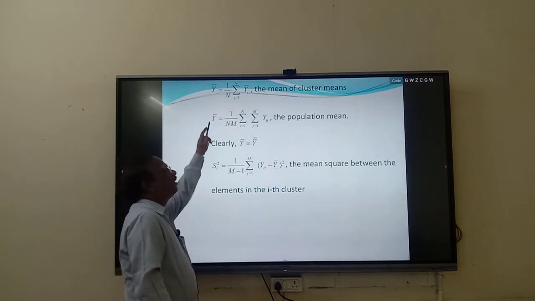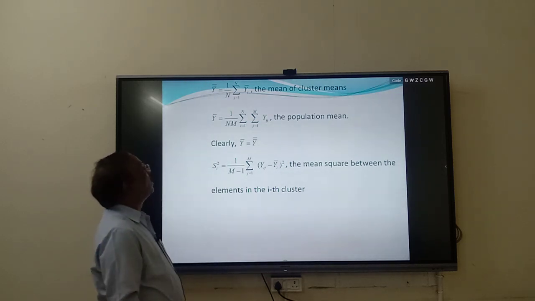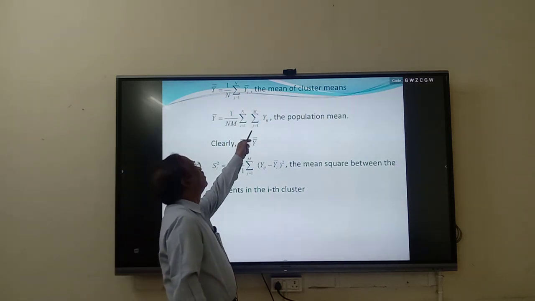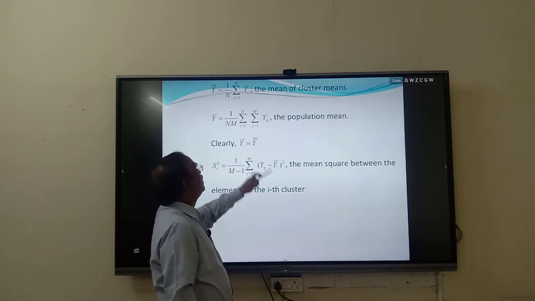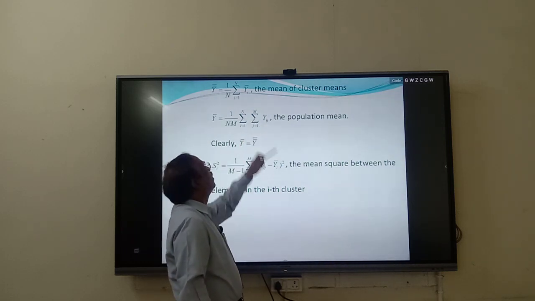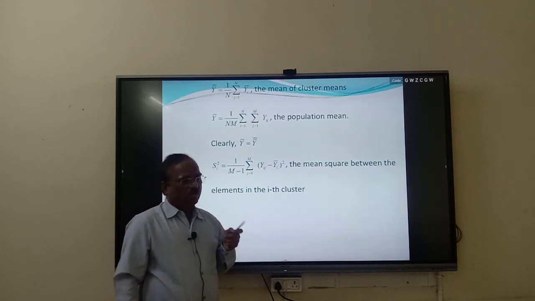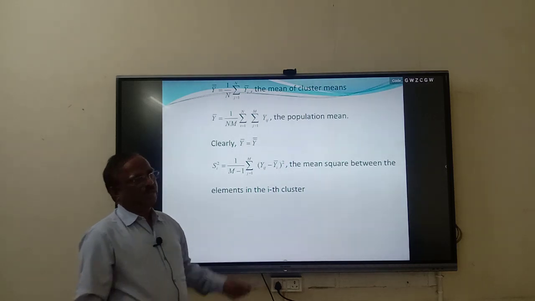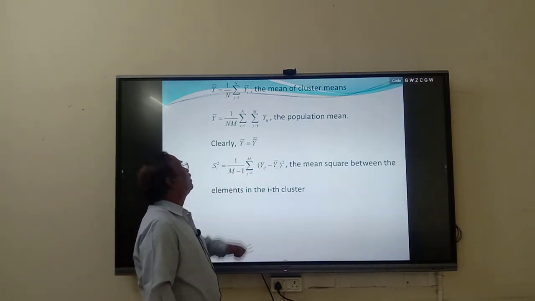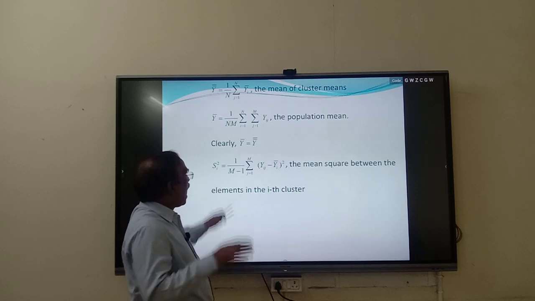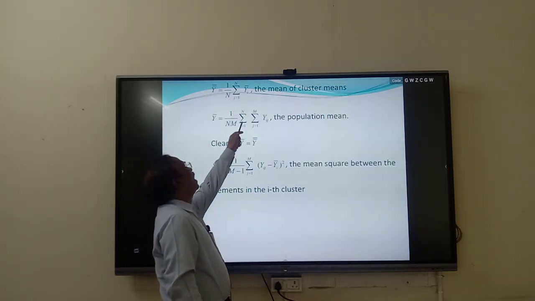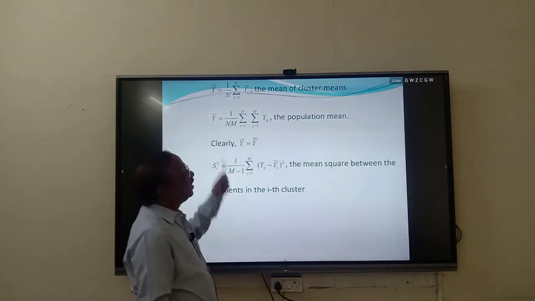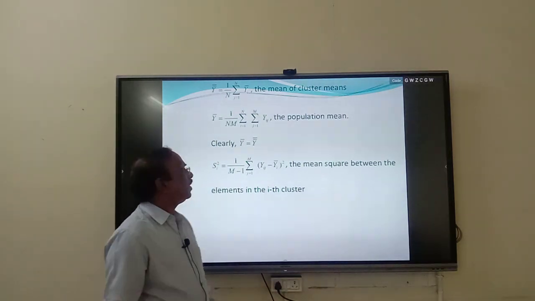And now we define the grand mean y bar, which is the sum of the elementary units, i goes from 1 to n, j goes from 1 to M, Yij. Here the sum over j from 1 to M of Yij is the total of the values of elementary units in the ith cluster, and summing all those totals over i from 1 to n and dividing by nM, we get the grand population mean.